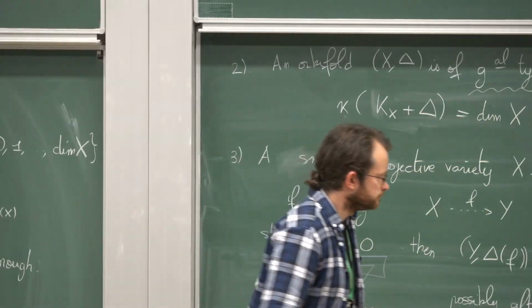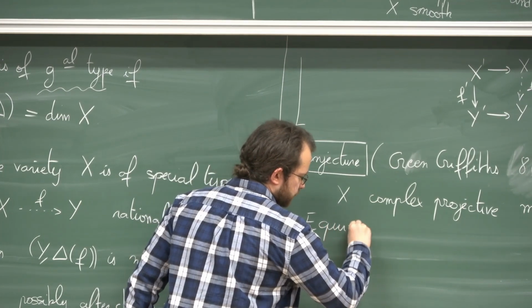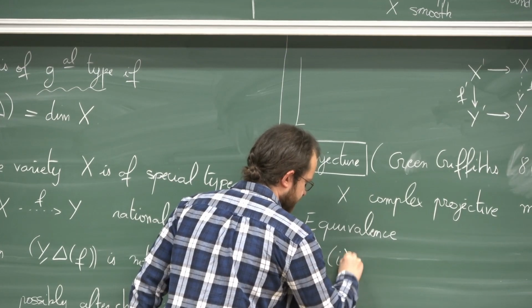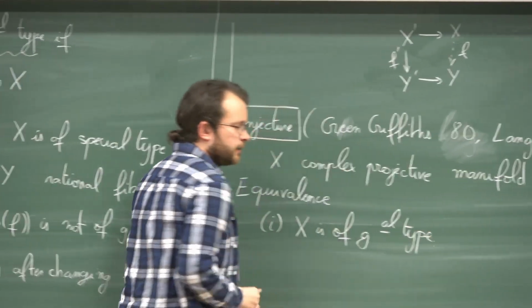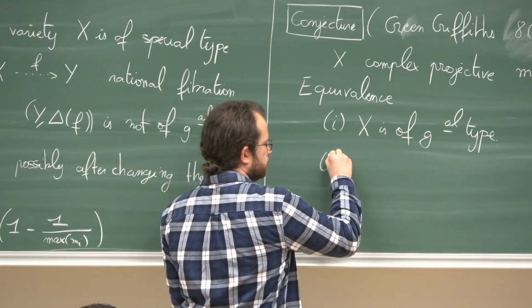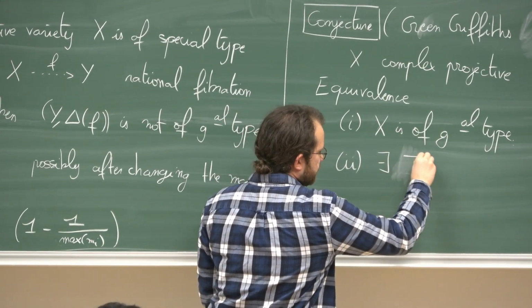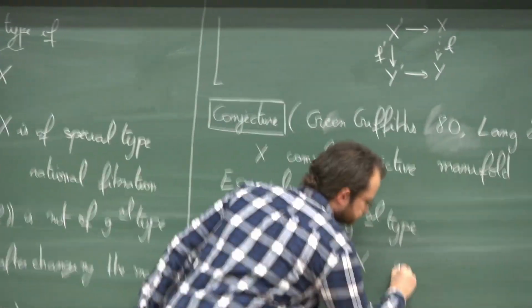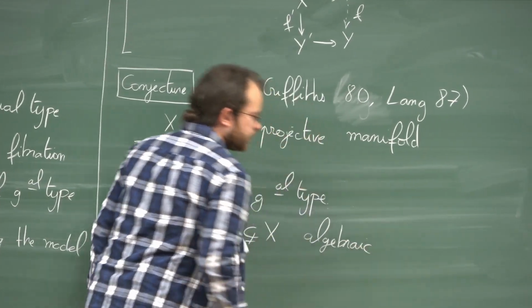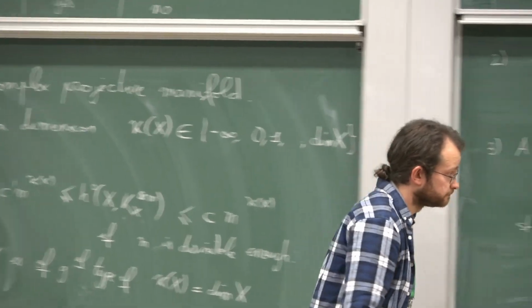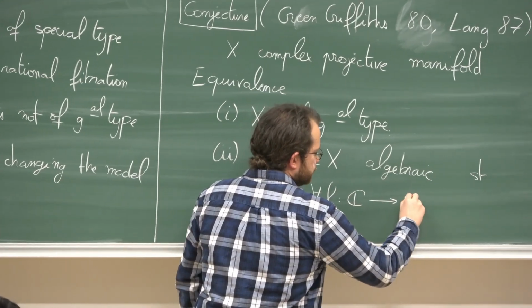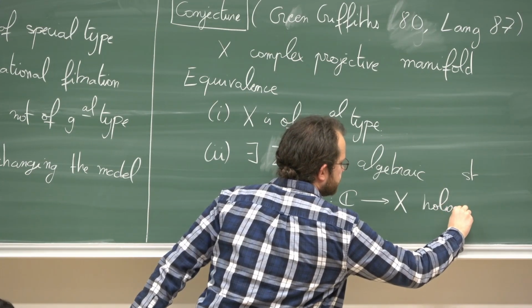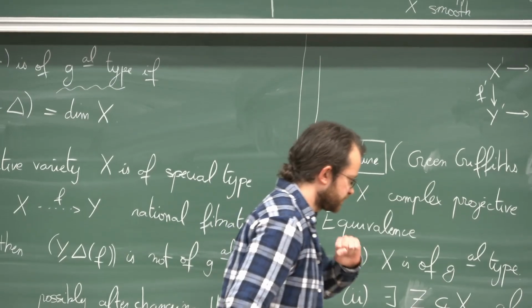Then there should be an equivalence between, first, the fact that X is of general type, and secondly, the fact that inside X there exists, I will call it Z, an algebraic subset containing the images of all entire curves inside X. So that for any holomorphic map f from C to X, if this map doesn't fall into Z, then it has to be constant.